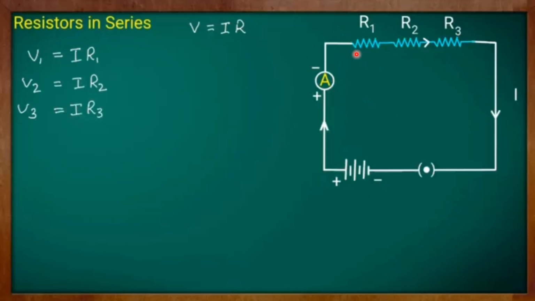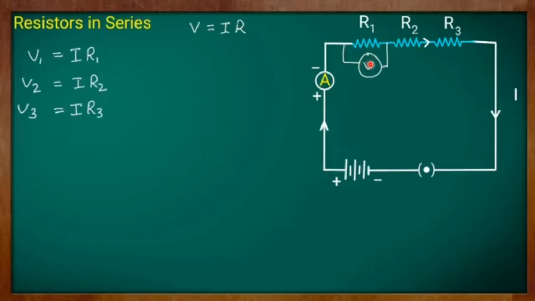Whereas the voltage across R1 is different from that across R2 and R3. That means, from resistor to resistor, the voltage differs. If I want to calculate the voltage across R1, what do I need to do? I need to attach a voltmeter. A voltmeter is a device which measures the voltage across a resistor.